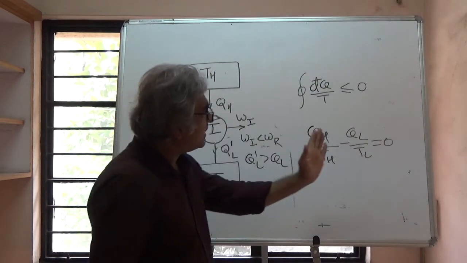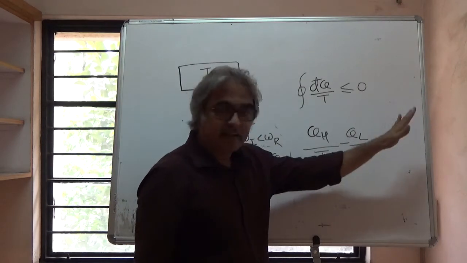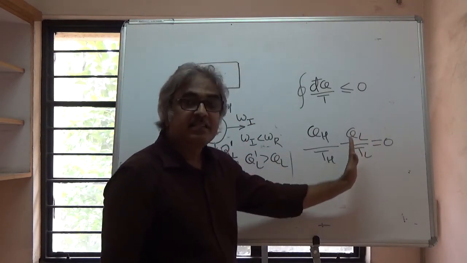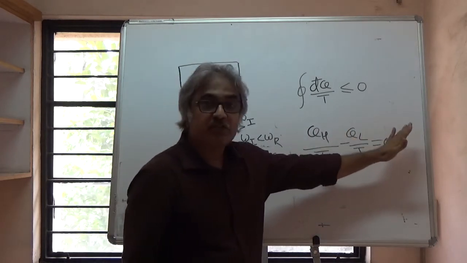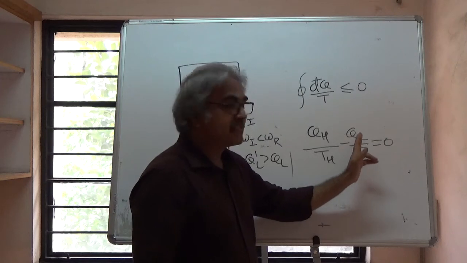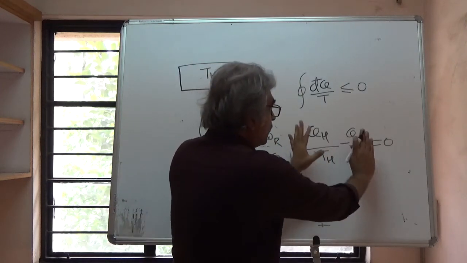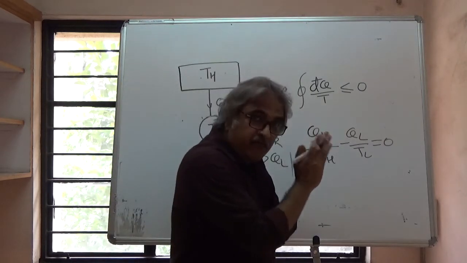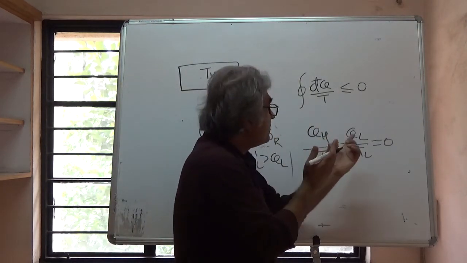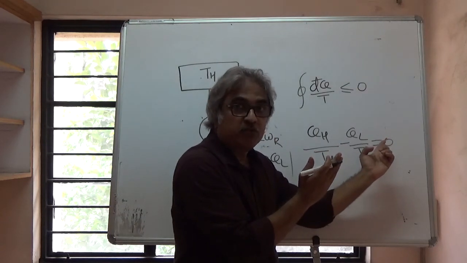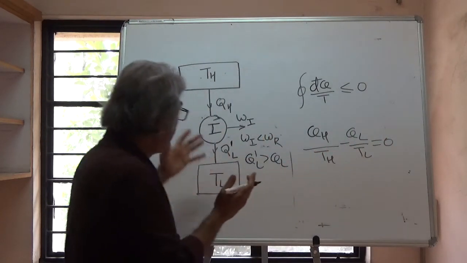Now, when you say this is greater than 0, under which circumstances is it going to be greater than 0? Just think about it. If both these terms are equal, under which circumstances is this going to be greater than 0? I want you to think hard.